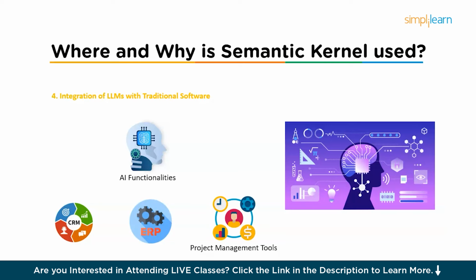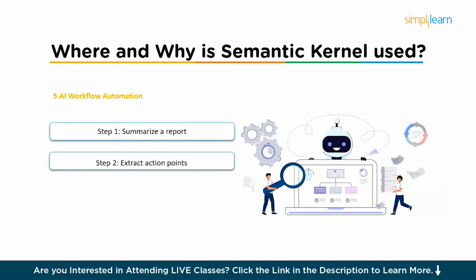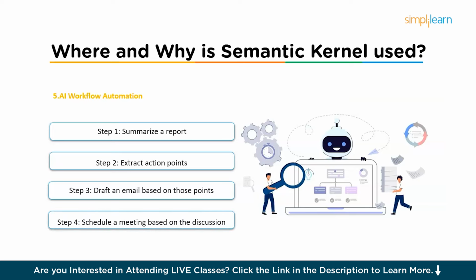Now moving to the fifth one, we have AI workflow automation. It helps in chaining multiple AI tasks together, like step 1, summarizing a report. Then step 2 comes extracting the action points. Now step 3 comes drafting an email based on those points. Then step 4, scheduling a meeting based on the discussion.